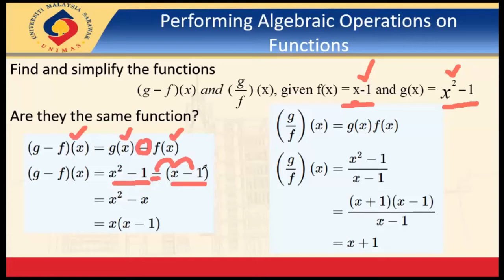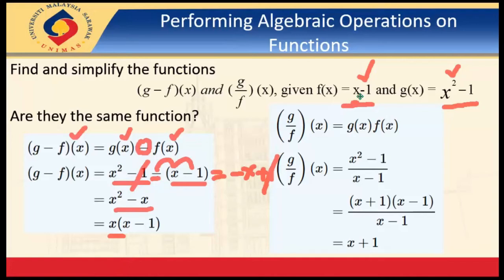So the plus 1 will finish with the minus 1, and there is no other x, so it will become x square minus x. Both have one common, so it will become x into x minus 1.